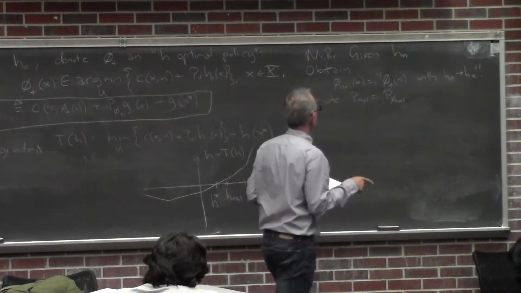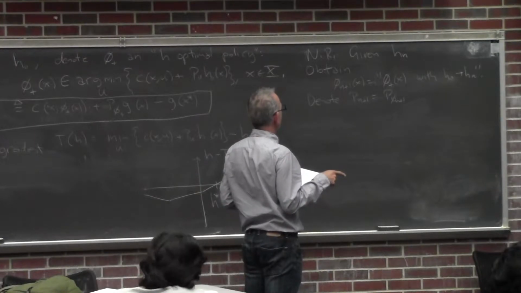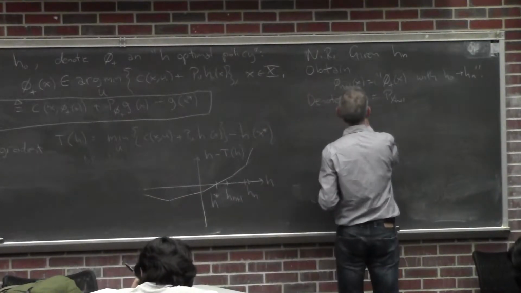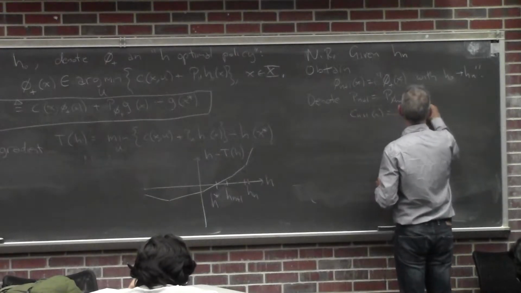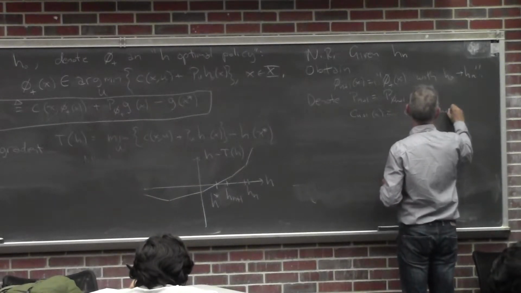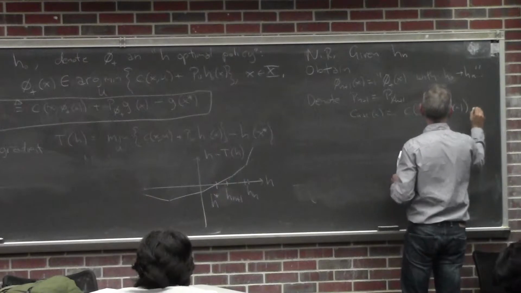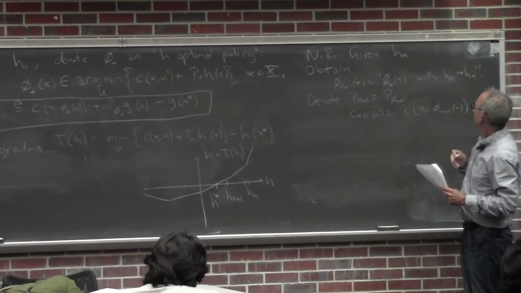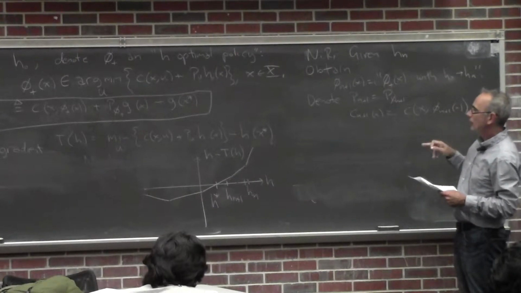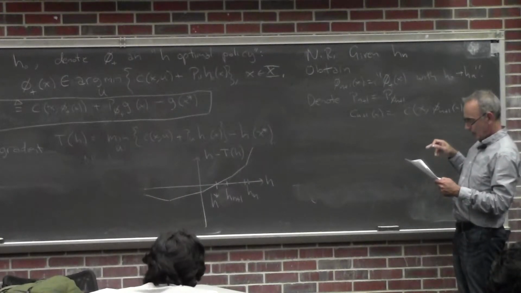So I've got P n plus 1 equals phi n plus 1, and I'm going to define a cost function. And so the linearization then becomes what?